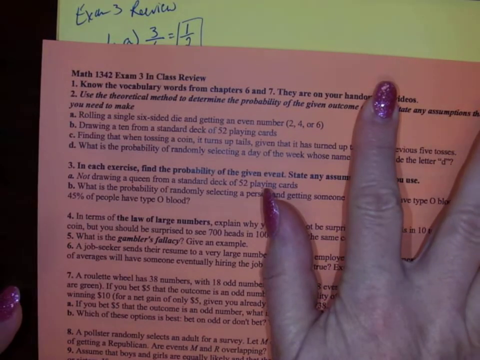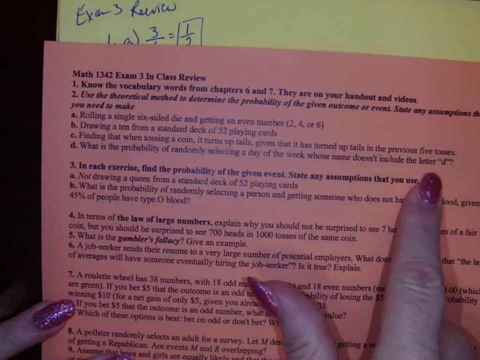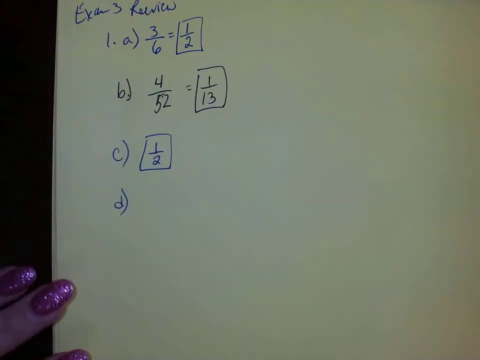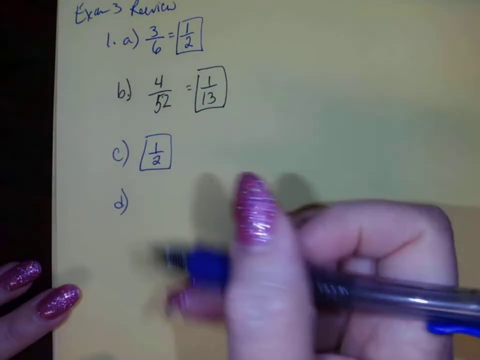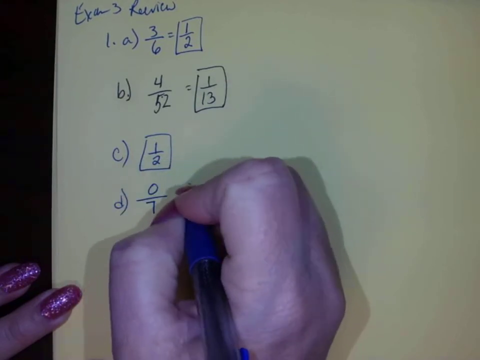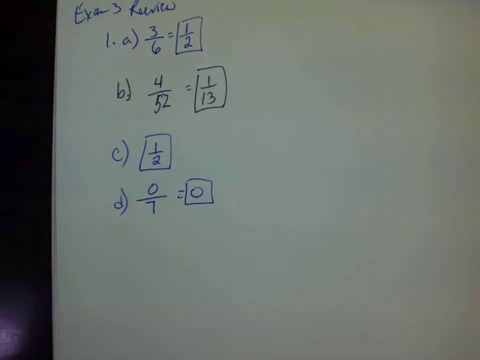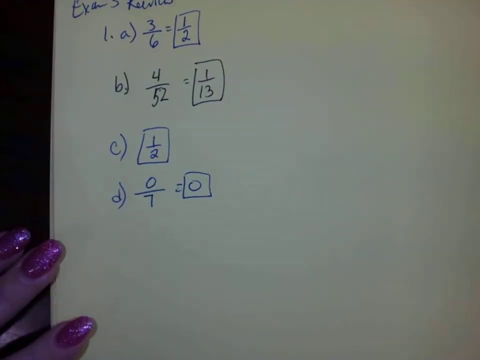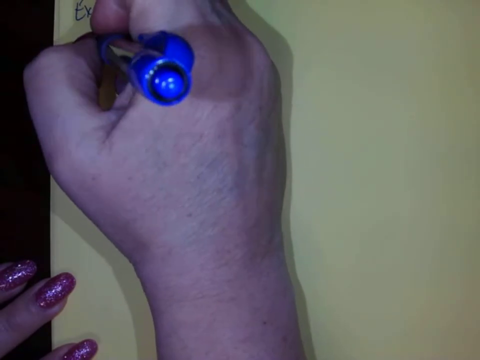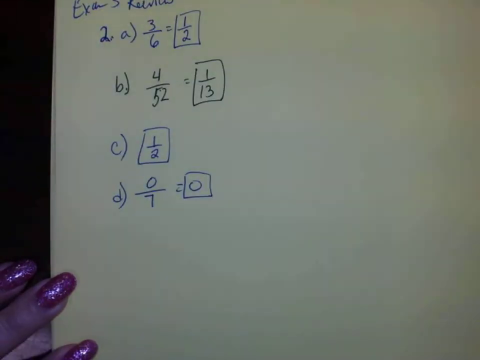So there's 7 days in the week, and they all have the letter D in them because they're all a day. So what's the probability of that? It's going to be 0 out of 7, which will get us to 0. Okay? All right. So that's, oops, and this should be example 2 because example 1 was the word. Sorry about that.